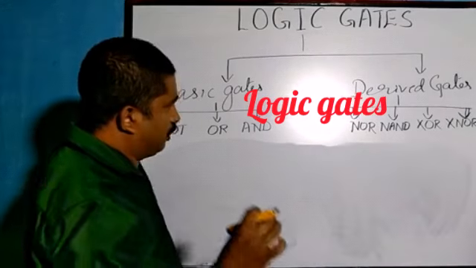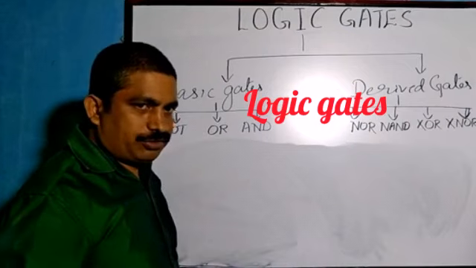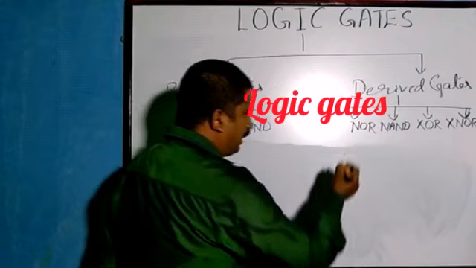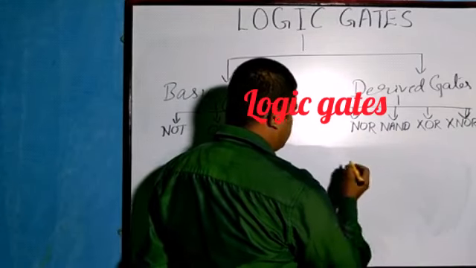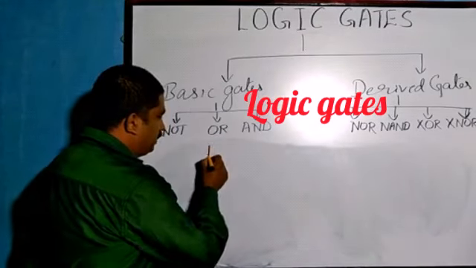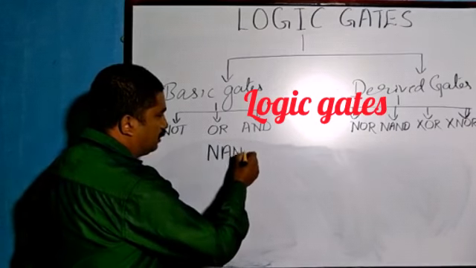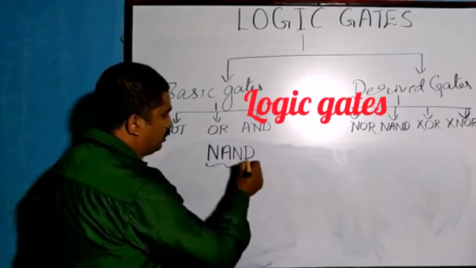So now if you are clear with the NOR gate, you can now write the symbol for NAND gate. So what is here? NAND gate.